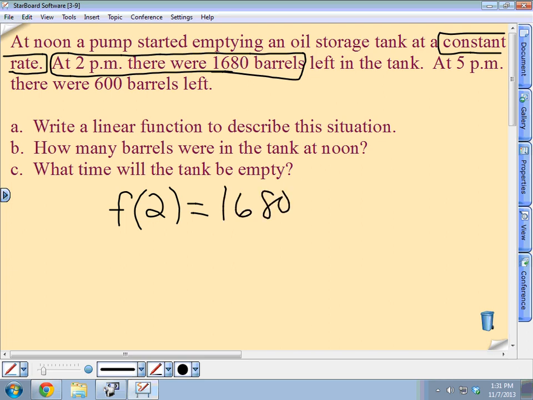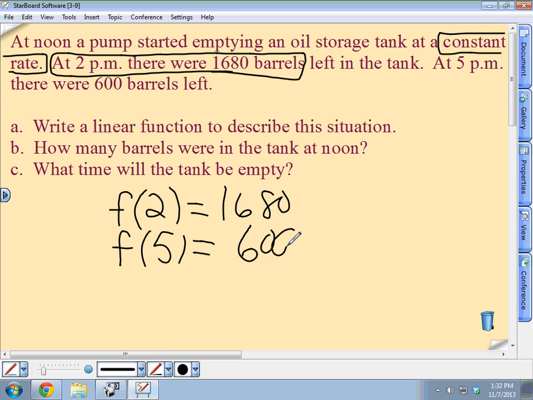Okay. All right, now I need a different point. From noon to 5 p.m., how many hours have gone by? 5 hours have gone by. And how many barrels are left now? 600.